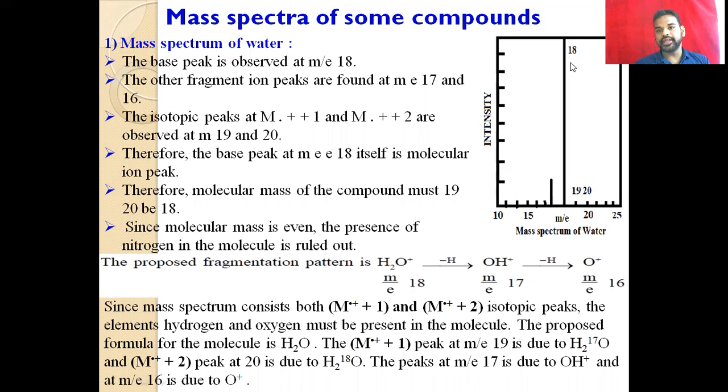Here 18 is the base peak or molecular peak. What is 18 here? As I explained in the last class, the molecular mass of the compound is 18. Then we have 19 and 20.